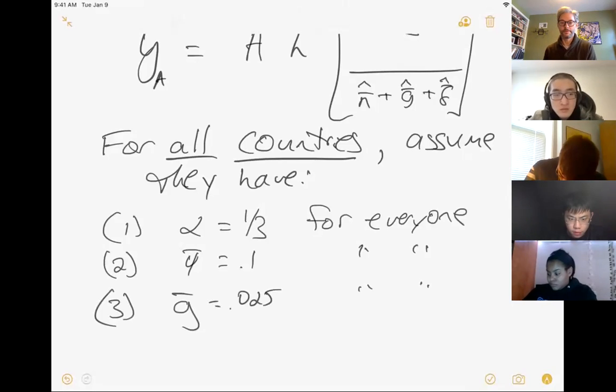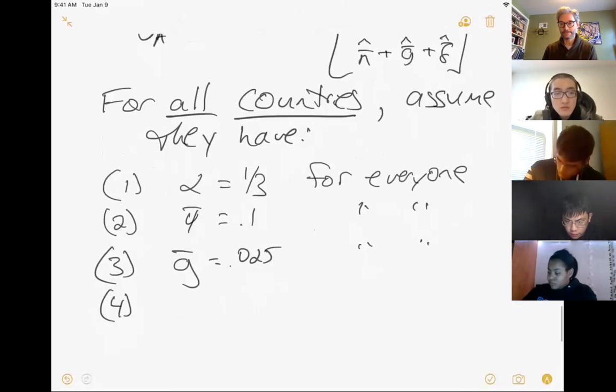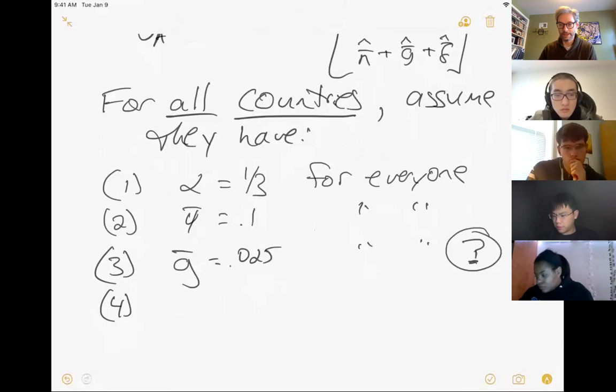Let's assume that G is 0.025 for everyone. Why? Because we can't observe the rate of technology growth. This is the one you should be thinking, really? We'll come back and talk about that. This is probably not a good assumption, but we're going to start with it and see where we end up.